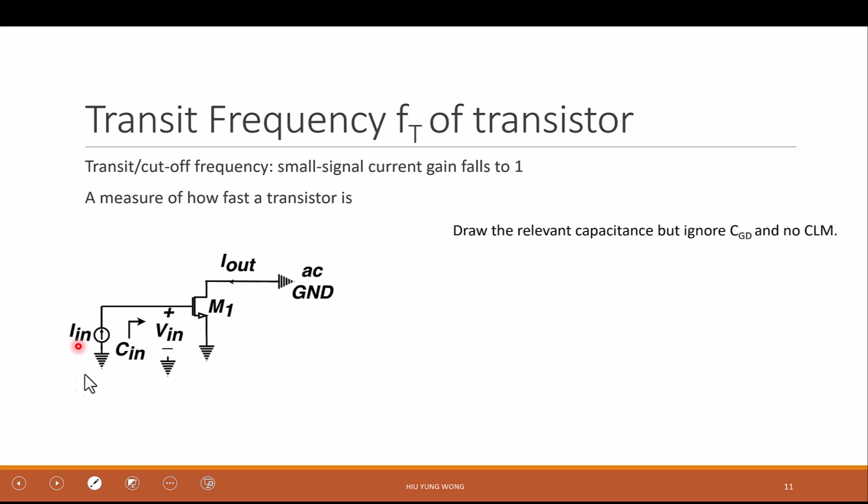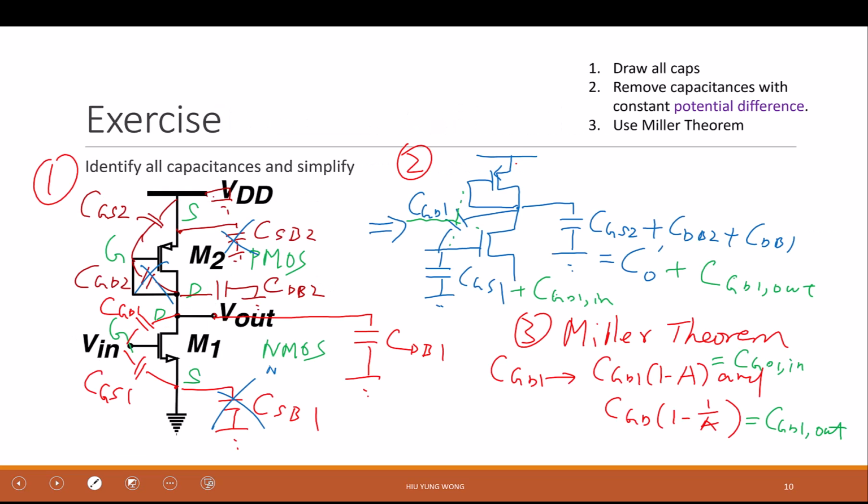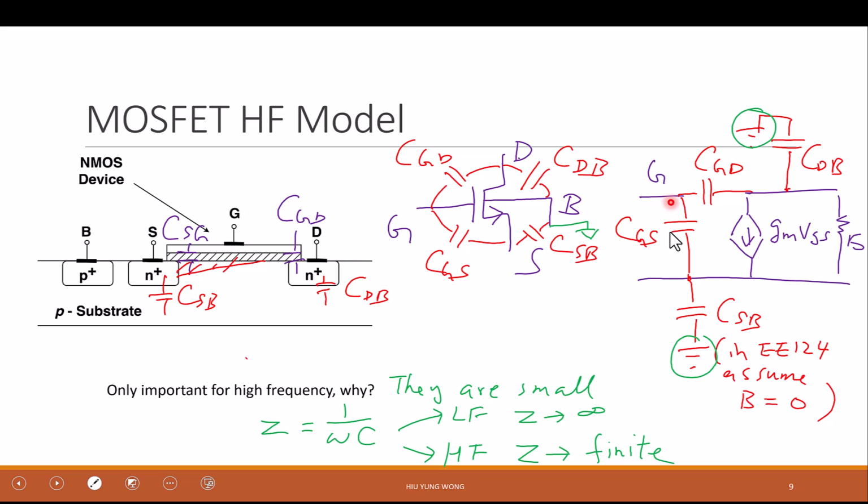A very quick question. Isn't this an insulator? How come I have current going into my gate? Now you have a capacitor, very good, because now we're talking about AC. Your gate only has infinite resistance if it is DC, like in this case. Now you add the capacitor, you have current going in because it is AC.